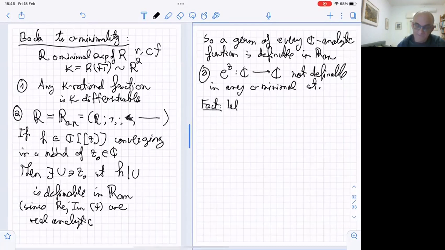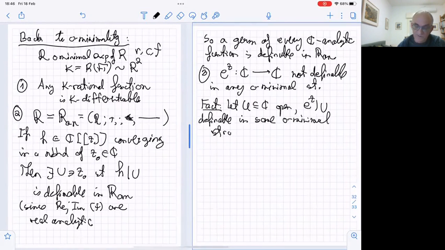Let U in C be some open set. Suppose e to the z restricted to U is definable in some, we don't care which, o-minimal structure over the reals, of course, everything is over the reals.